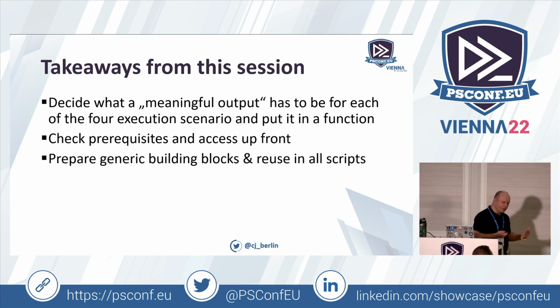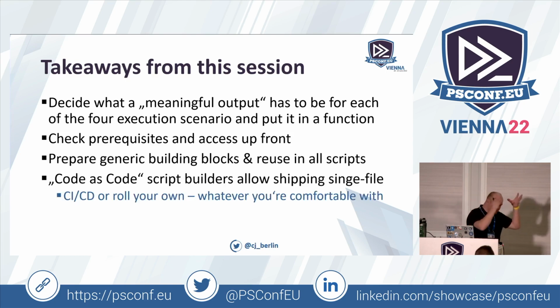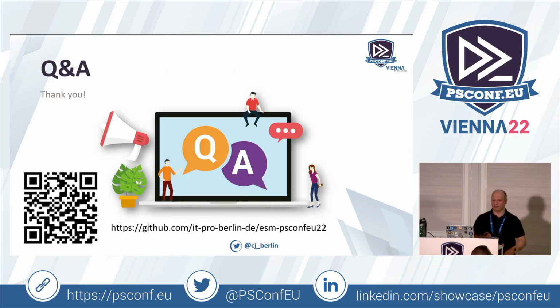Reuse your code, but maybe build a CI/CD pipeline or your own script builder. I will provide an example of such a script building script in the snippets that I will upload to GitHub. Whatever you're comfortable with, reuse the functions that have been successful. And that's all for today.